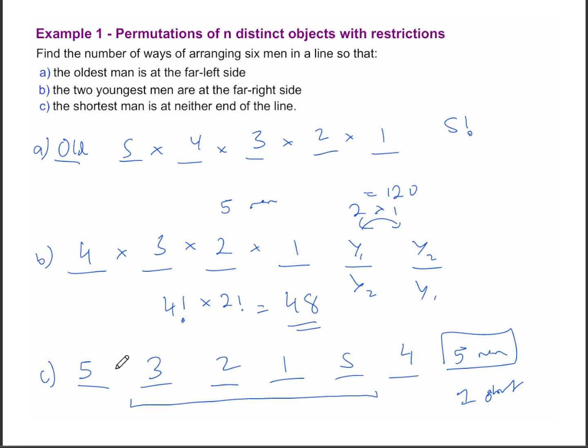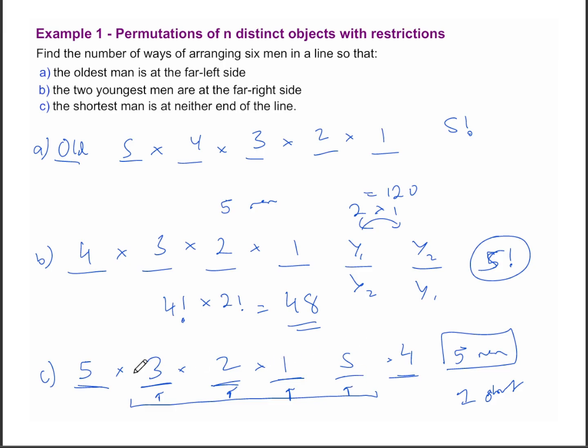And so what we have to do here is just 5 times 4 times 3 times 2 times 1, right? Which is just 5 factorial, right? Because there are basically 5 spaces, 1, 2, 3, 4, 5, because 1 is taken up by the short guy in the middle. However, this short guy, as you might have thought, can be in this position, or in this position, and obviously the position that he's at right now. So when we get 5 factorial, that's not it. That's just the ways of arranging these 5 men and that short guy if you say that the short guy can only sit in this place.